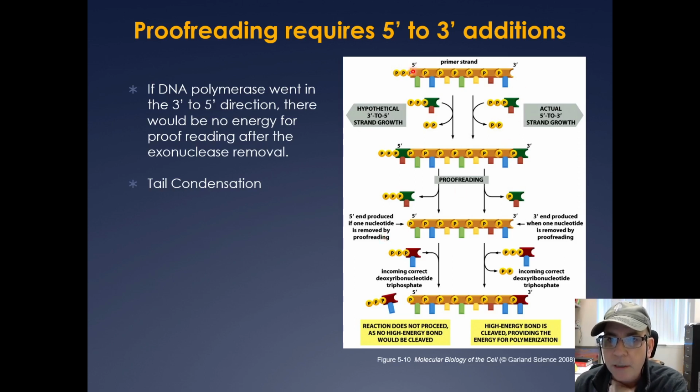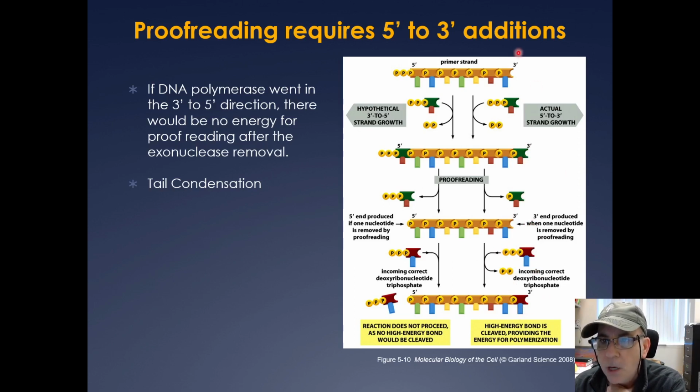And if you look in the other direction, if we go 5' to 3' with the growing strand, the energy is actually coming from the nucleoside triphosphate that gets added. The pyrophosphate is removed from the incoming nucleoside triphosphate. And so when the base gets removed, if there's a mismatch right here, you can just bring in a whole new one and the energy's coming in.